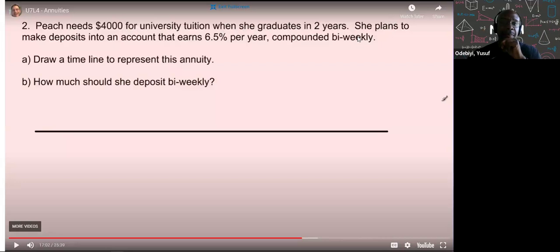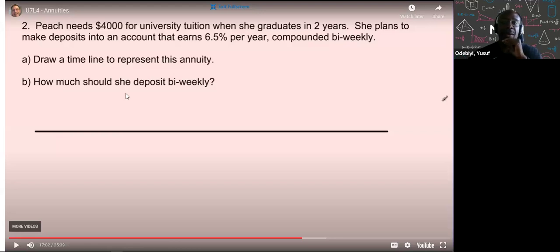She plans to make deposits into an account that earns 6.5% per year, compounded weekly. Draw a timeline to represent this annuity. How much should she deposit weekly?